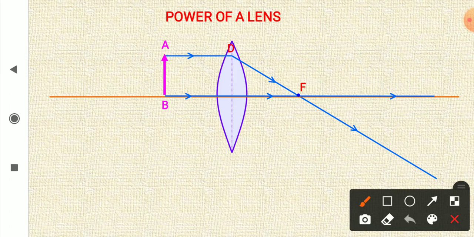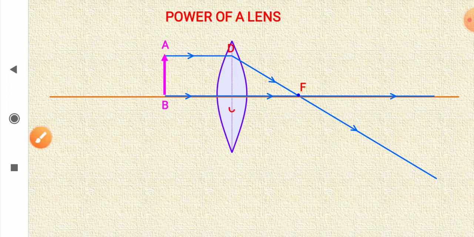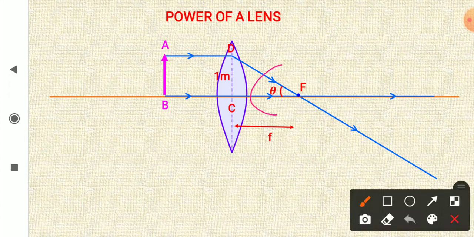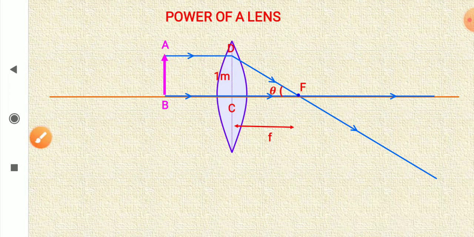If this ray is coming at 1 meter from this optic center, if CD is equal to 1 meter and obviously this distance is the focal length, and if this angle is theta, then the value of tan theta will be the power of this lens. That is how it is defined.